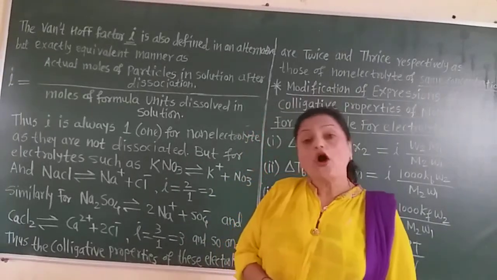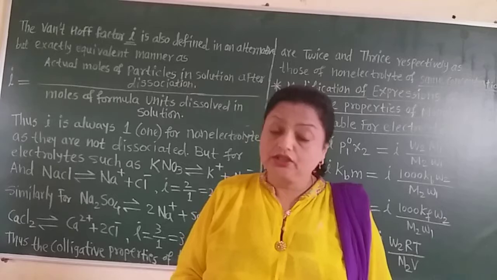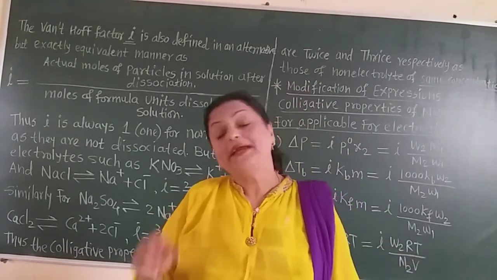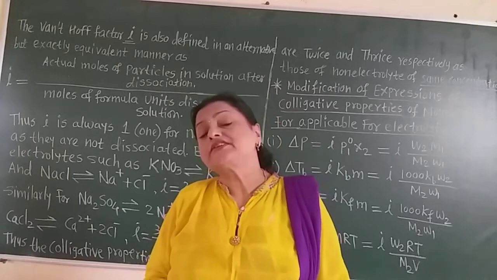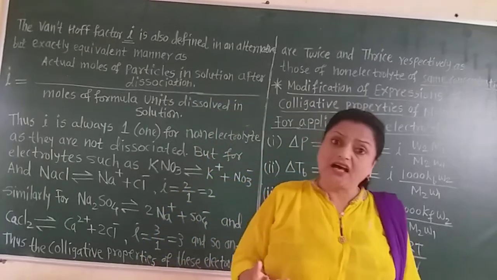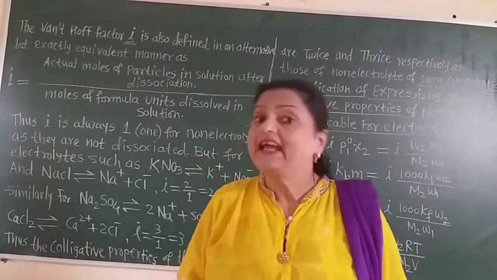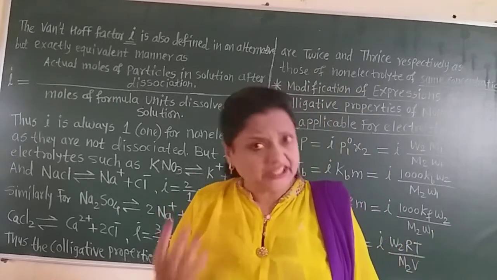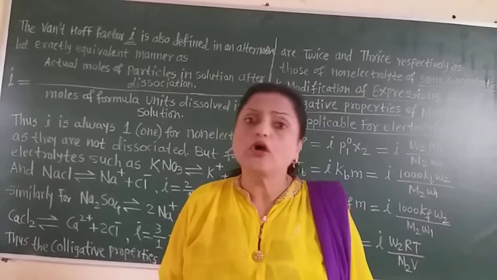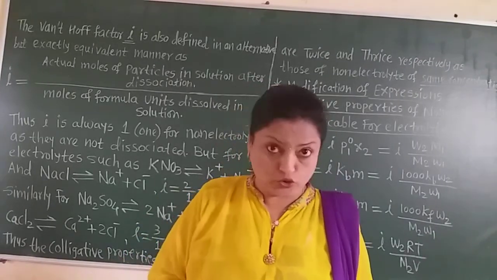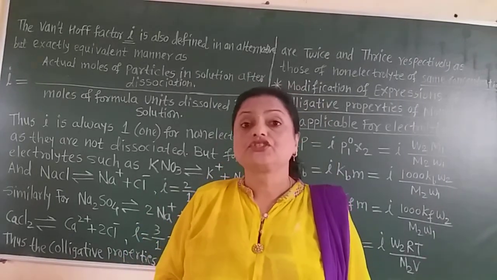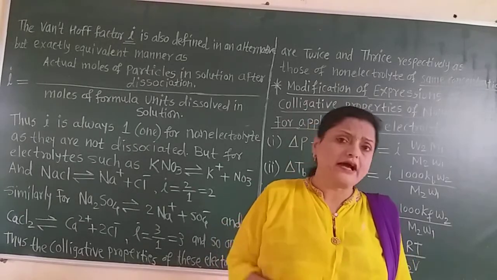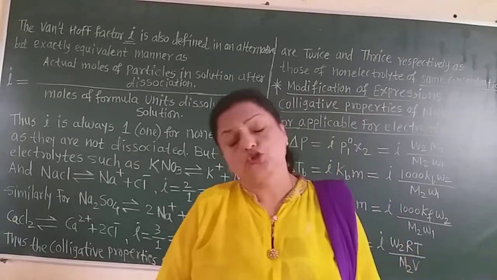But for electrolytes, the value of this Van't Hoff factor i may be different, because some electrolytes have 2 or 3 or sometimes 4 ions after dissociation. They ionize into 2 ions or 3 ions or 4 ions and so on.